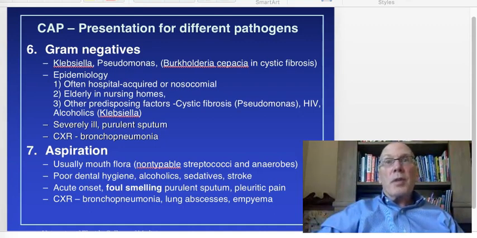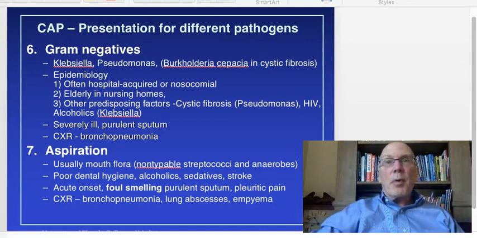Other predisposing factors include cystic fibrosis, and in addition to Burkholderia and Staph aureus, these patients are commonly infected with Pseudomonas. HIV patients also have a higher incidence of gram-negative pneumonia, as do alcoholics, who have a higher risk for Klebsiella pneumoniae. These infections come on acutely, and patients are severely ill. They usually have purulent sputum production, and chest X-ray shows bronchopneumonia.